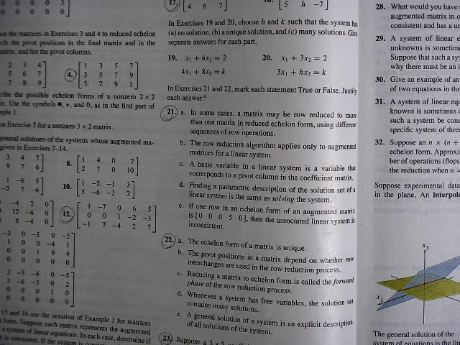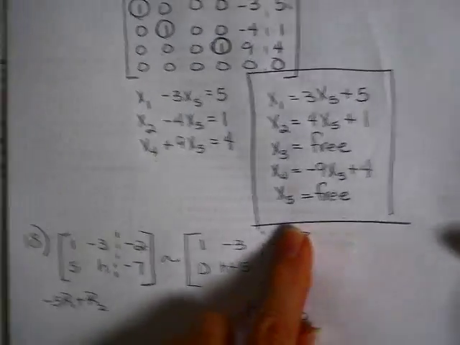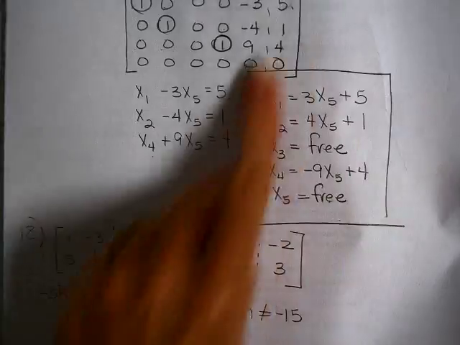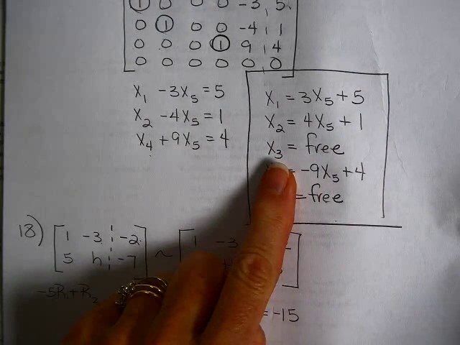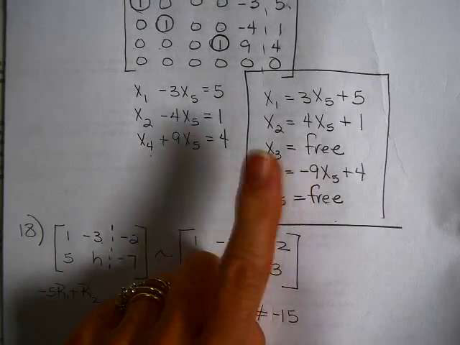Finding a parametric description of the solution set of a linear system is the same as solving the system. This is a parametric description. This is what I did to solve it, it's the same thing. It's true.